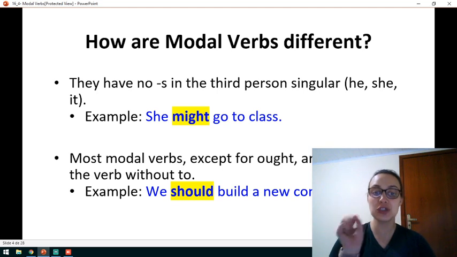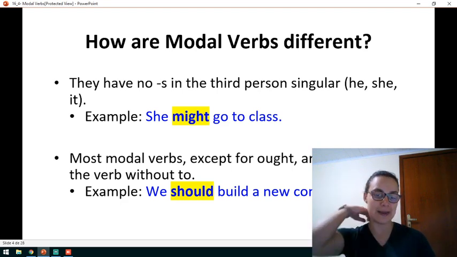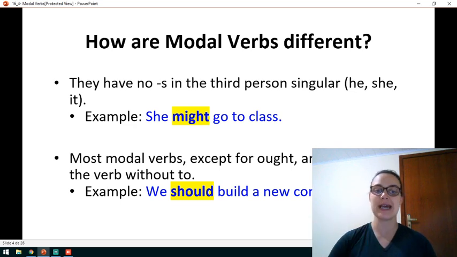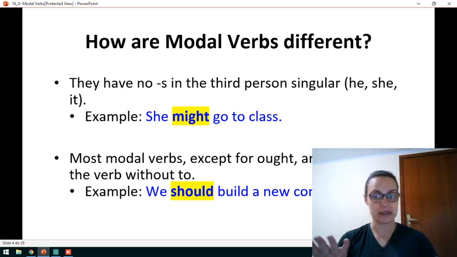So here we have our two verbs back to back. We have our modal verb should, but then we also have build. So you'll see that in these examples with our modal verbs, we don't say we should to build a new computer center. We just say we should build a new computer center.